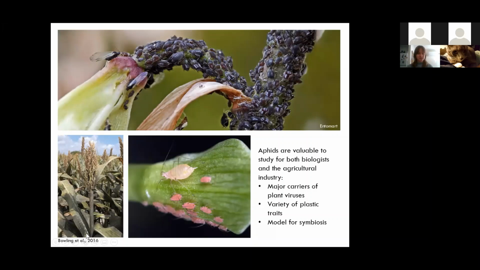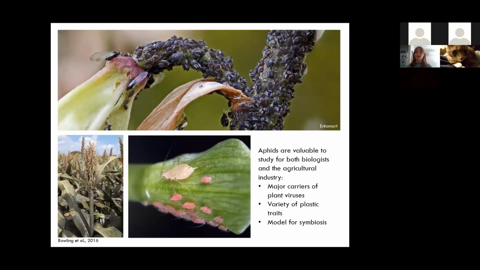You can see some discoloration on the leaves, and the head of this sorghum plant hasn't been able to flower like it normally would. Aphids act like little mosquitoes of the plant world. They feed directly on the plant phloem, and they're able to spread viruses from plant to plant really easily. And as you can see up here, they reproduce very quickly, and they can quickly overtake a plant as well, which also is going to cause problems.